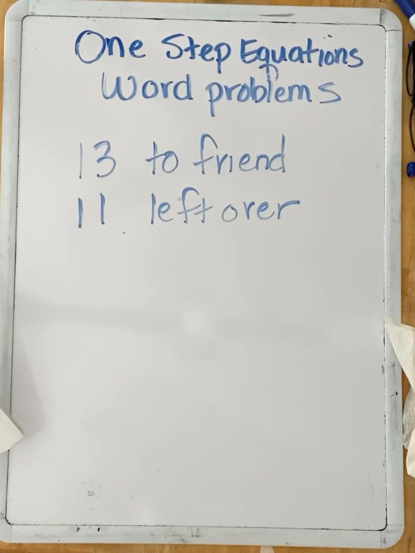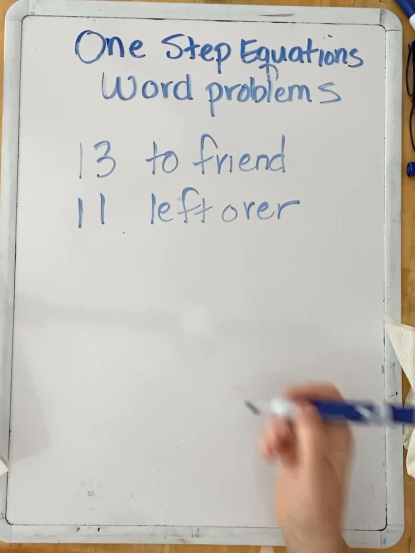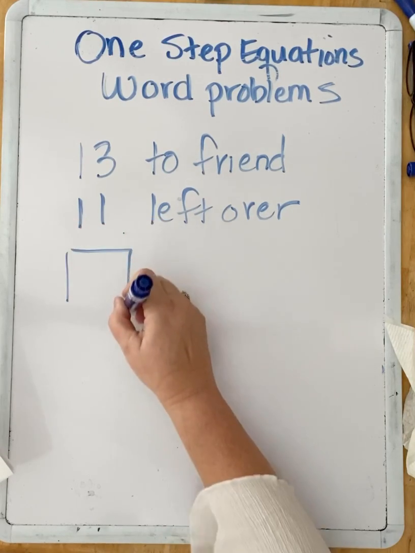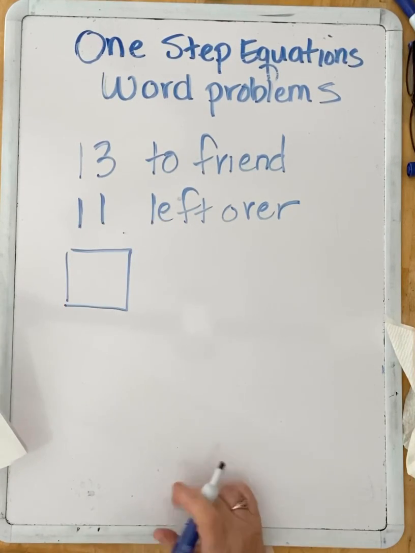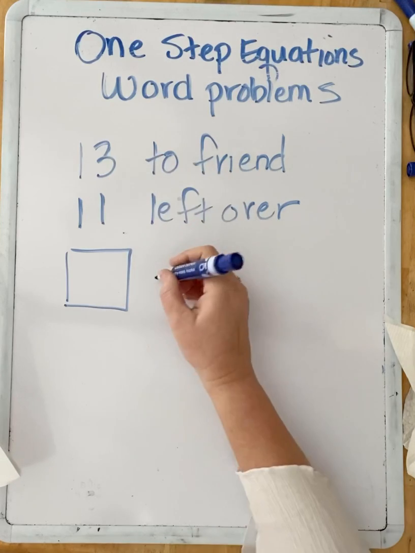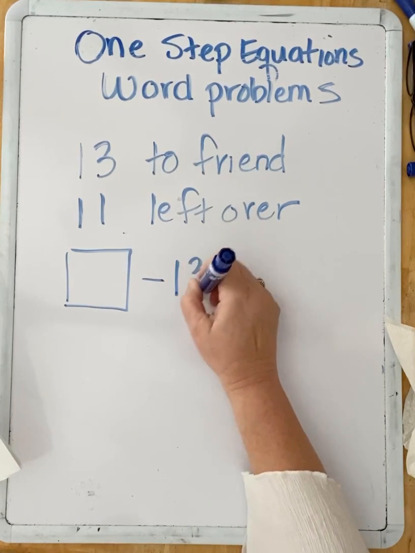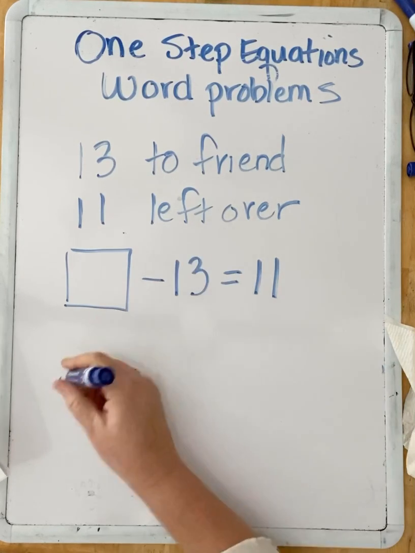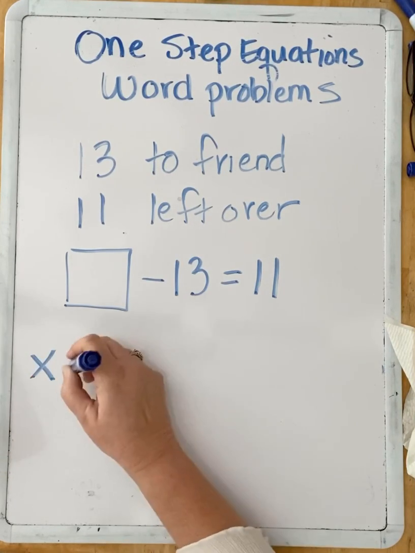How many crayons did the pack contain? So this is kind of like the money one. All right, there was some number of crayons. He gave 13 to his friend, and he was left with 11. So they want to know how many did he start with.